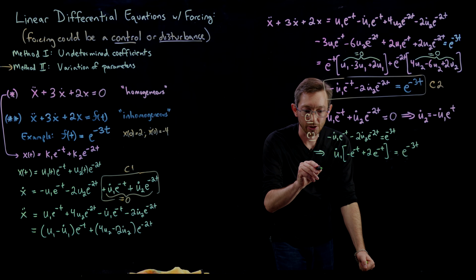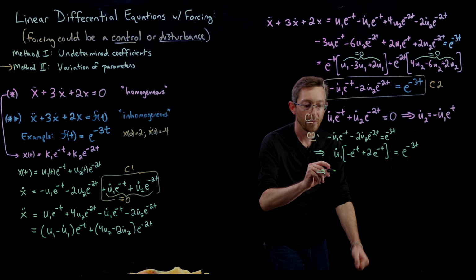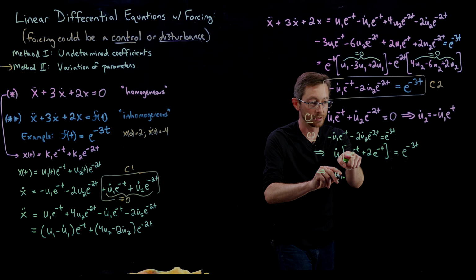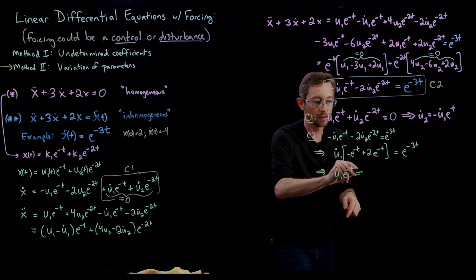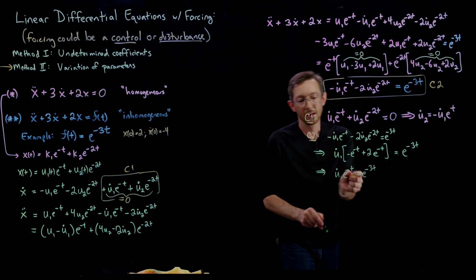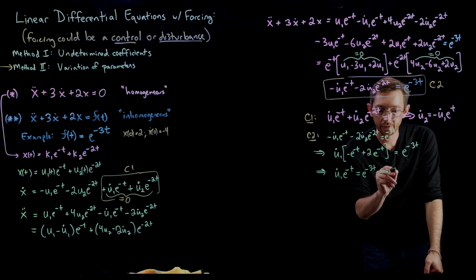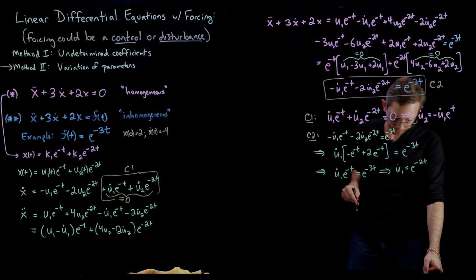And so now things are actually looking pretty easy. It got hairy for a while. Now it's getting easier. Now we have u1 dot times, these add up to just a plus e to the minus t, e to the minus t equals e to the minus 3t. So of course I can multiply both sides by e to the plus t. And that gives me u1 dot equals e to the minus 2t.